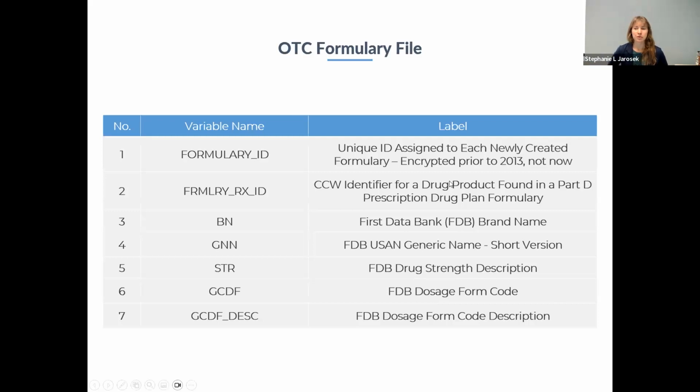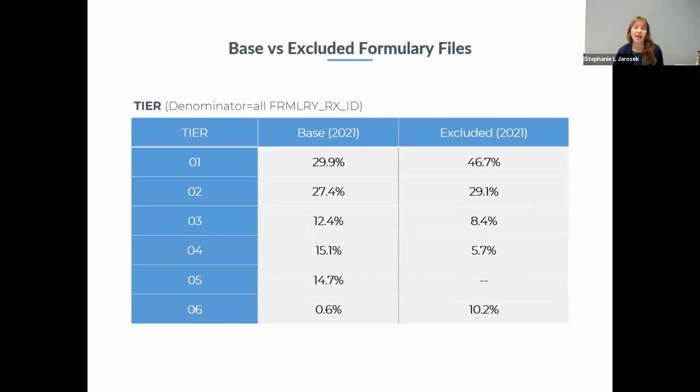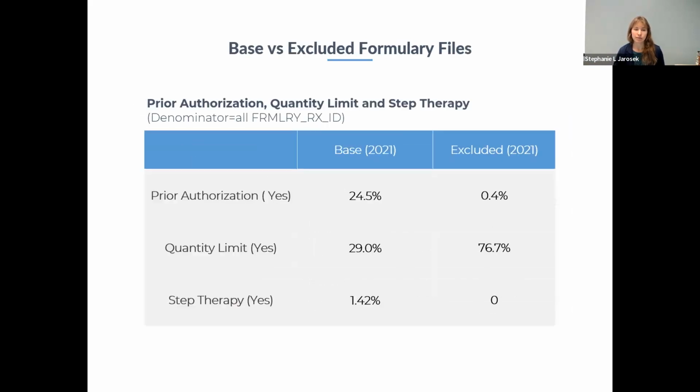One question was, why do the base and excluded files have such differences in prior authorization and quantity limit? Again, I'm guessing it's probably a difference between the types of drugs. A plan that's deciding to cover a drug in the excluded file has probably already determined that it's worth their while to cover it in terms of cost, so they're not going to try to dissuade someone from filling that prescription.